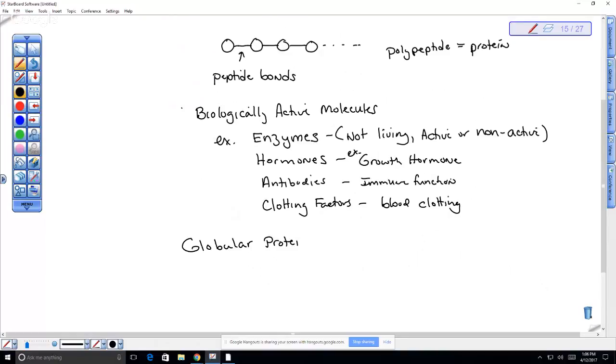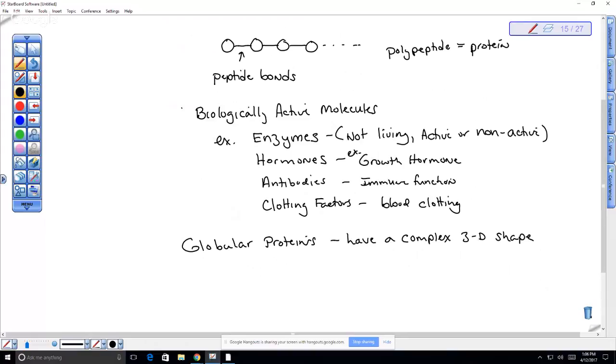And globular proteins have a complex 3D shape. So think like a glob. So what that means is that that chain of amino acids has to fold. And so that folding has to do with hydrogen bonding between different parts of the molecule, which causes the polypeptide to fold, right?